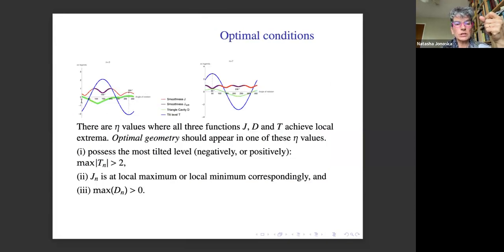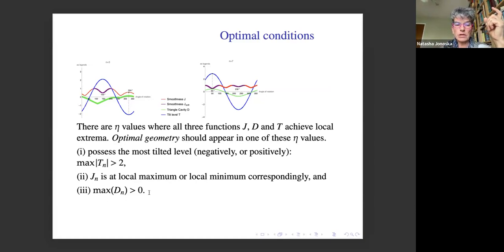And so here are the curves that we obtained for different rotations. And we observed that we have to have a tilt that is greater than 2 nanometers, so the diameter is completely off the plane. We have to have either local maximum or local minimum for the smoothness or the sharpness of the curve at the junction between the two curves.